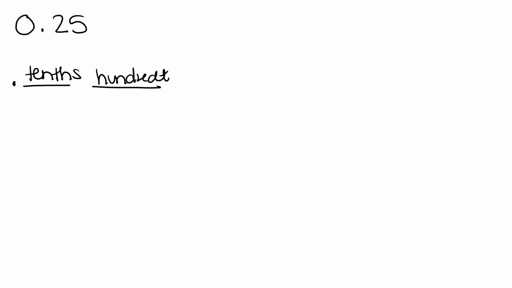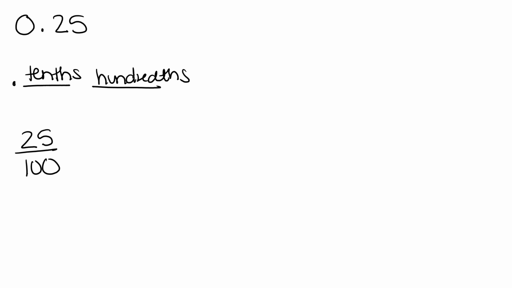For number 18, we have the decimal 0.25. The 2 is in the tenths place, and the 5 is in the hundredths place. We start by writing our fraction as 25 over 100, because that's the place value that we're in.